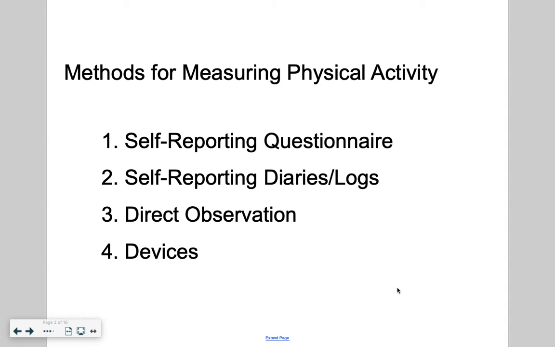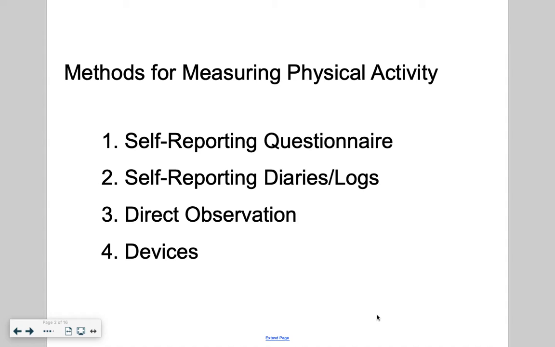The problems with the first three, the self-recording and the diaries, is it can be really inaccurate. Kids might not put down exactly what they're doing for their activity, forget an activity, or they might lie about it. They just put down whatever just to get the activity done. With direct observation, one of the problems is one teacher, me, 30 kids.